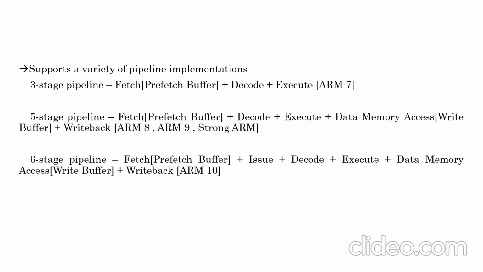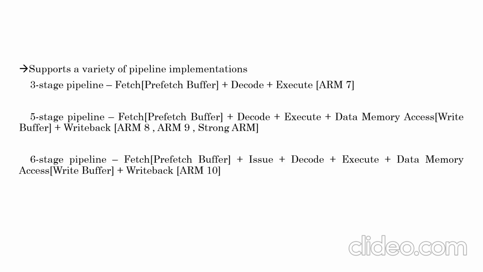A prefetch buffer is used for holding the instruction fetched from the memory while one instruction is in the decode stage. A data write buffer will be holding the data that is coming out from the arithmetic logic unit before it is being transmitted to the data memory.